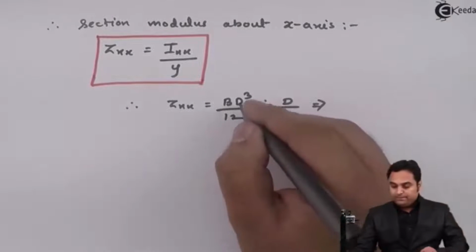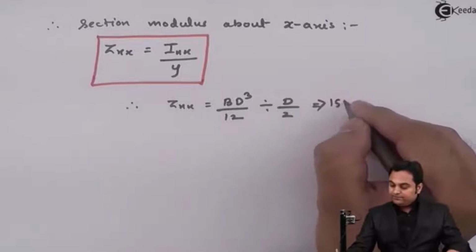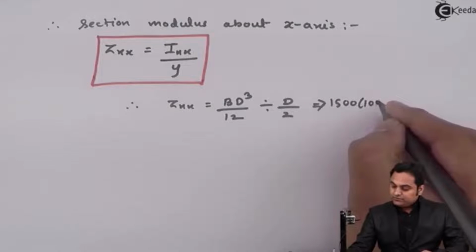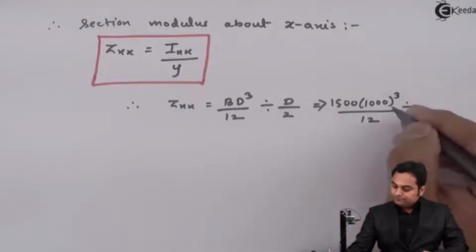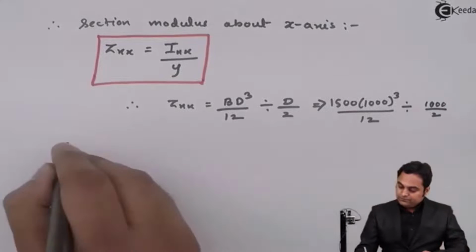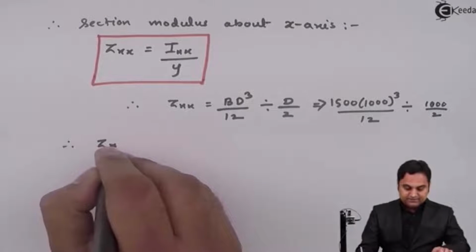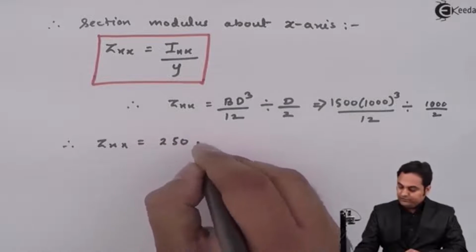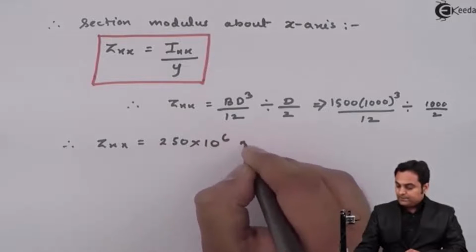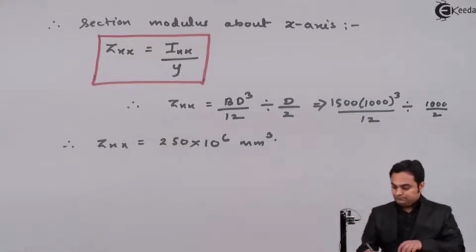Therefore, B is 1500, D is 1000. From this I'll get Zxx as 250 into 10 raised to 6 mm cube.